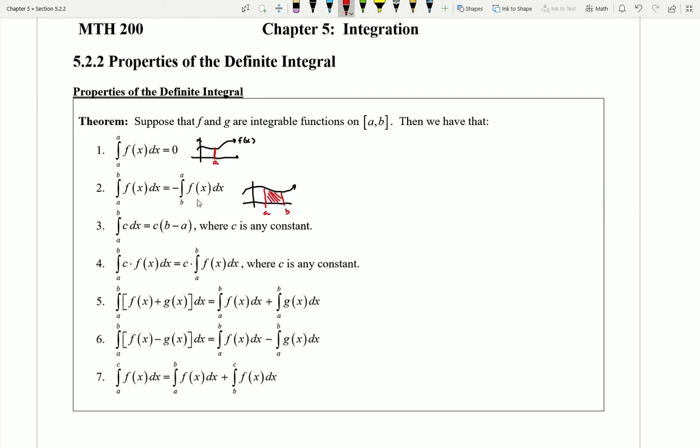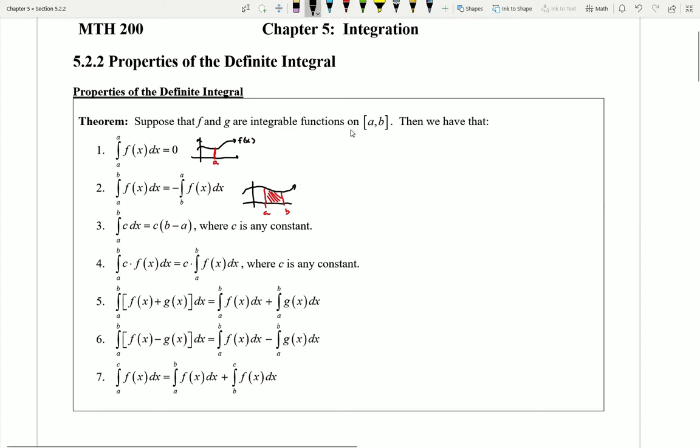Notice that this second integral has my bounds occurring in the reverse order. I'm starting at the value of b, and I'm moving backwards towards the value of a. If this happens, what I'm going to end up with is a negative of the same amount of area.